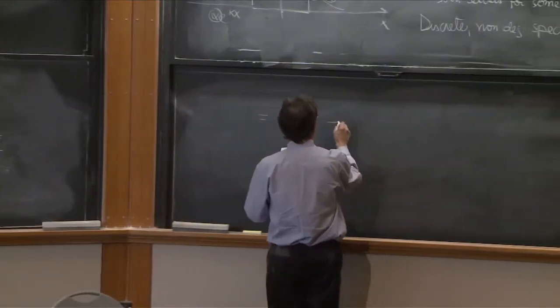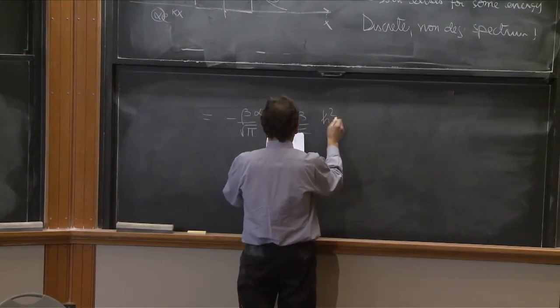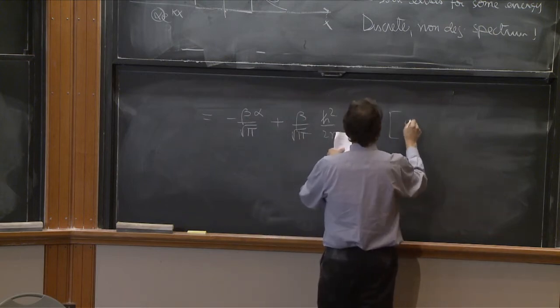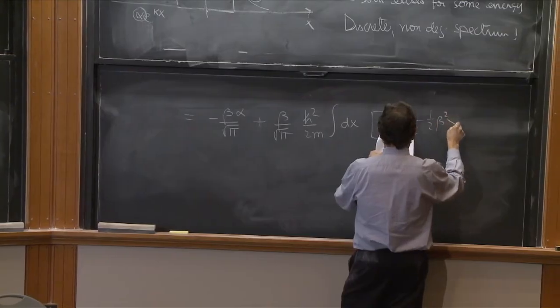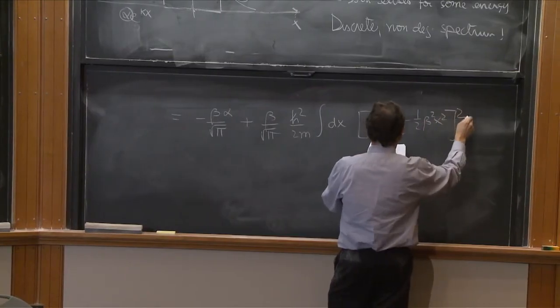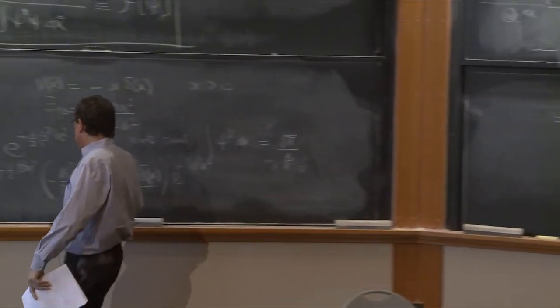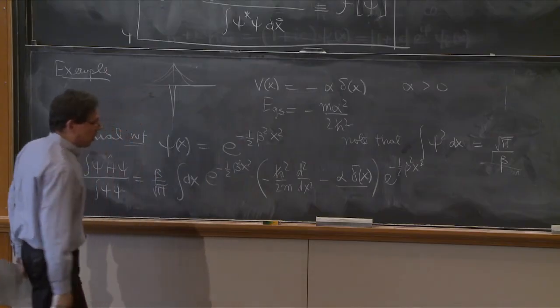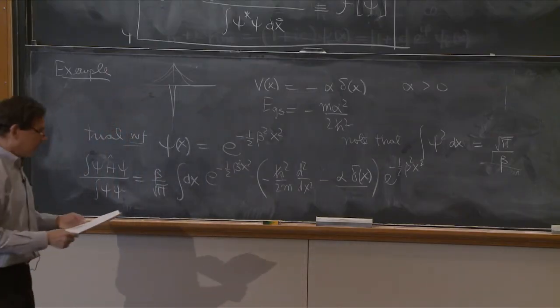This becomes plus beta over square root of h squared over 2m, integral dx of d dx of e to the minus 1/2 beta squared x squared, squared. So you integrate by parts one of the d dx's, and then you have the other d dx, so it's the thing squared. And that's an easier integral to do.